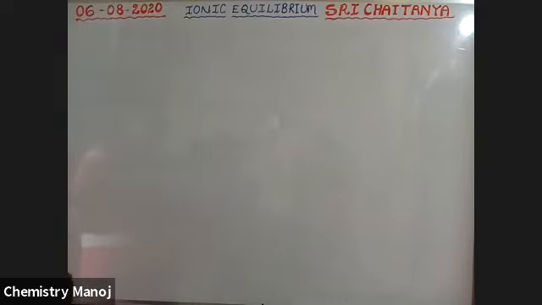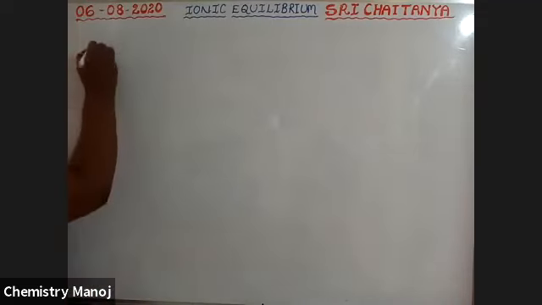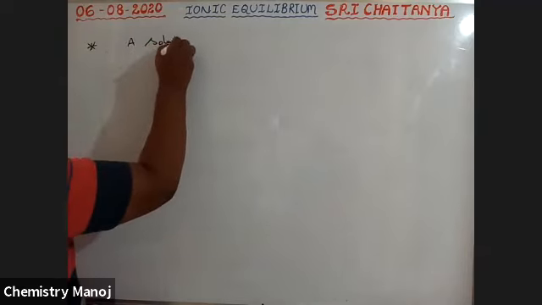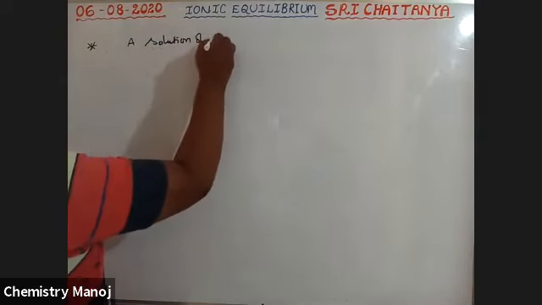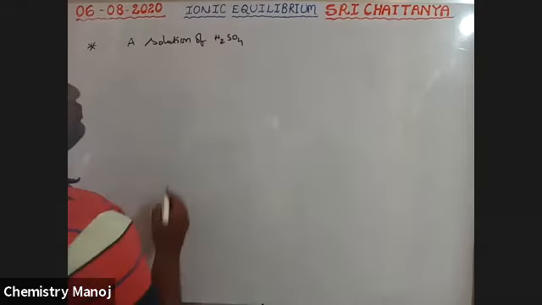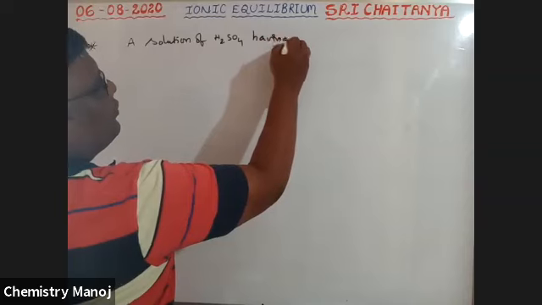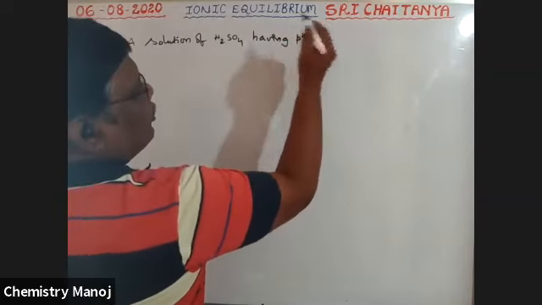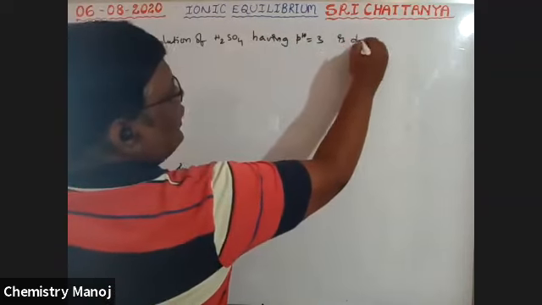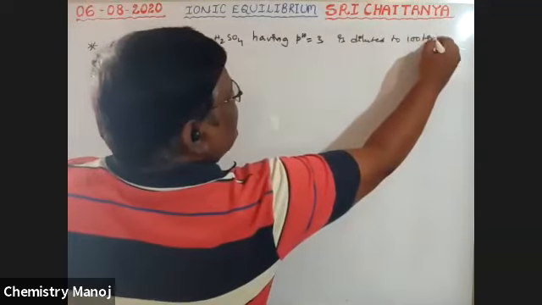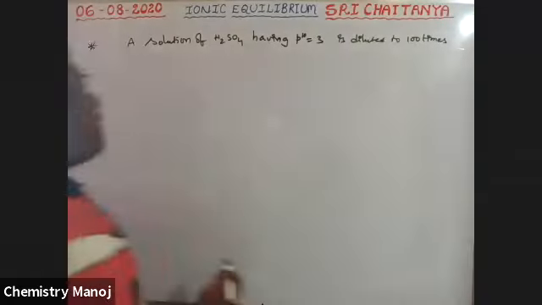See here, very important, boys. A solution of H2SO4 having pH equal to 3 is diluted 100 times.